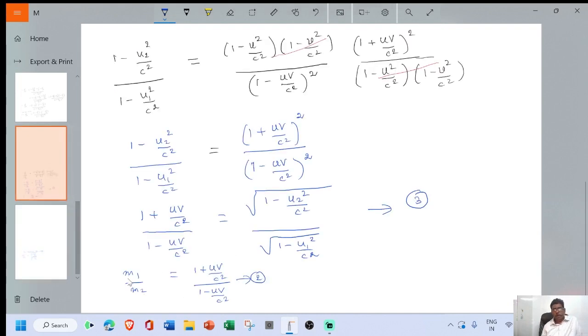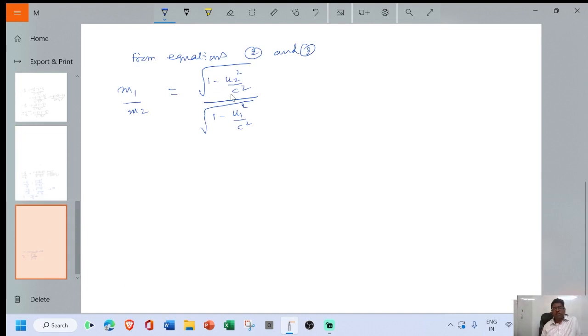See this is m1 by m2, that is 1 plus uv by c square divided by 1 minus uv by c square. Whereas from equation 3, the value of 1 plus uv by c square divided by 1 minus uv by c square is this much. Therefore, m1 by m2 equal to 1 minus u2 square by c square divided by 1 minus u1 square by c square.